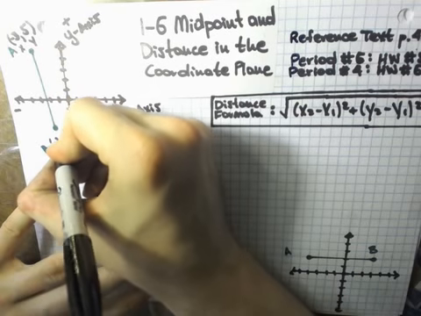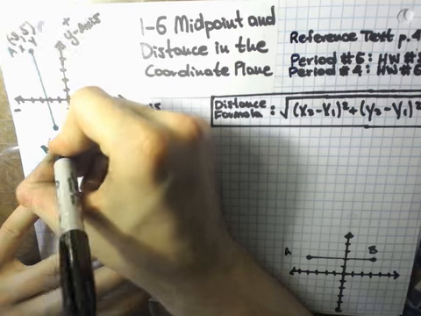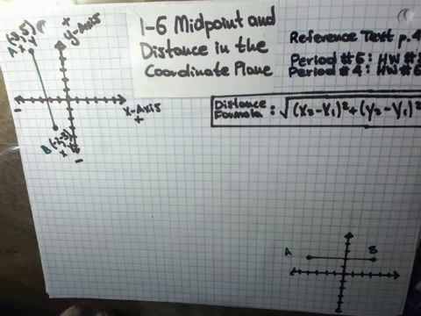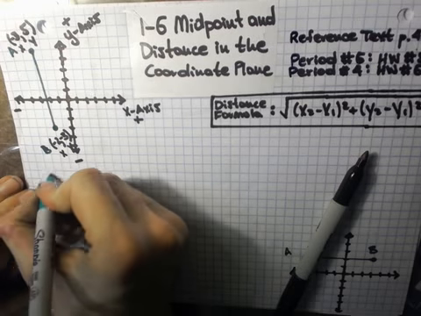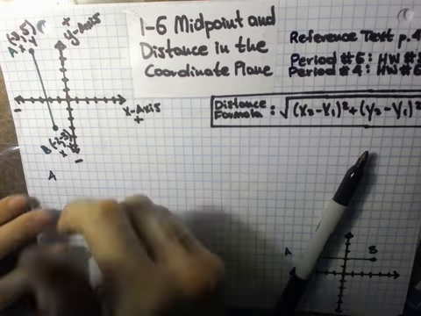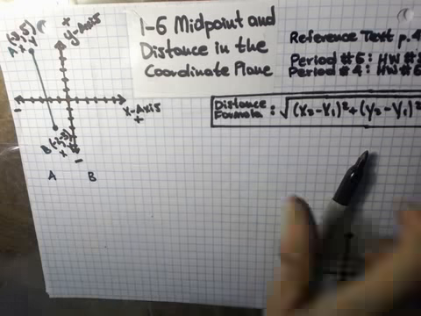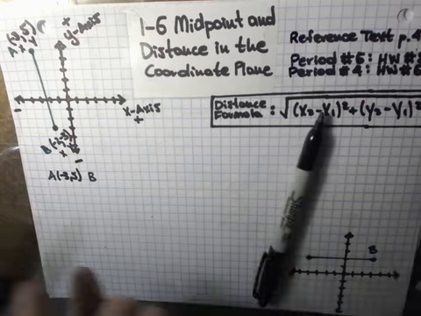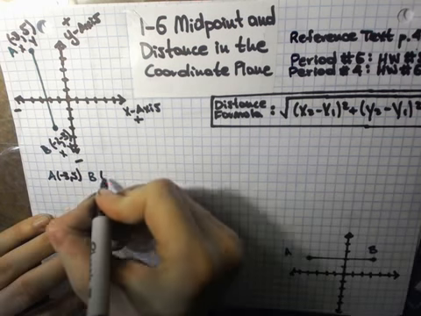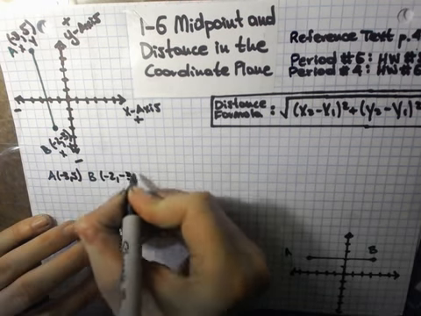My y value, the number after the comma, is -3. So I have 2 points: A is (-3, 5), and B is (-2, -3).